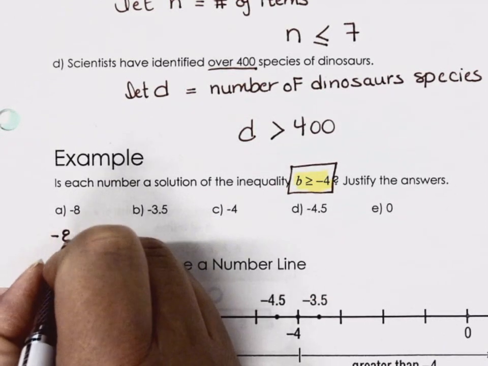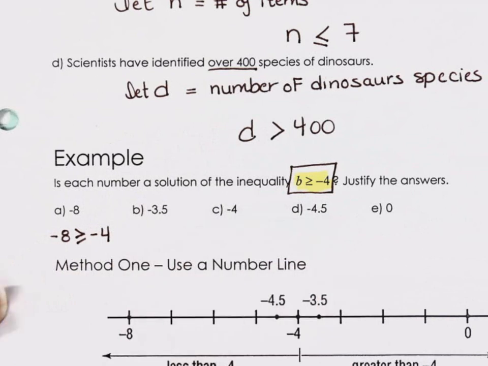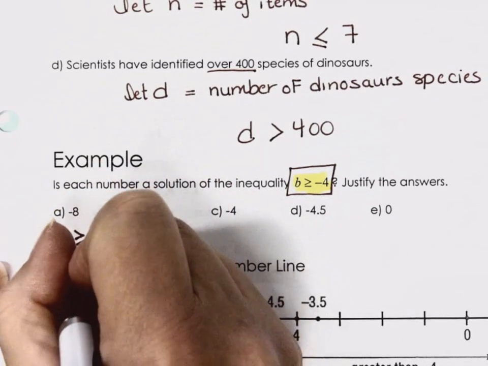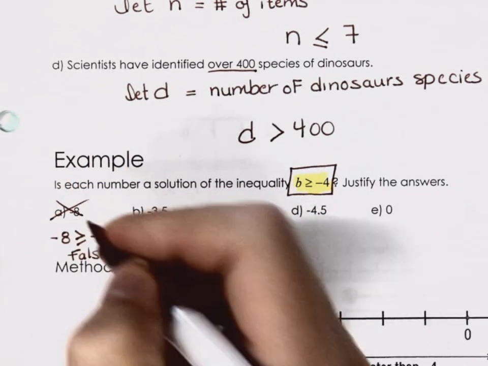So -8 is greater than or equal to -4. Is that true or false? Is -8 greater than -4? No, it's false. That is false. So that is not an answer.